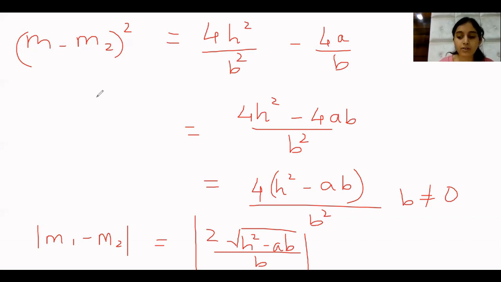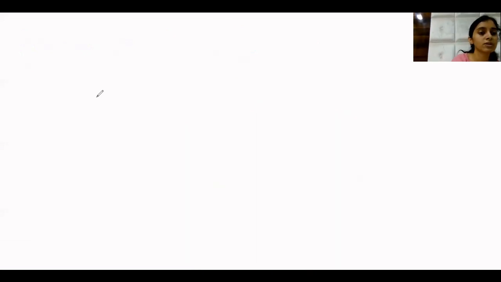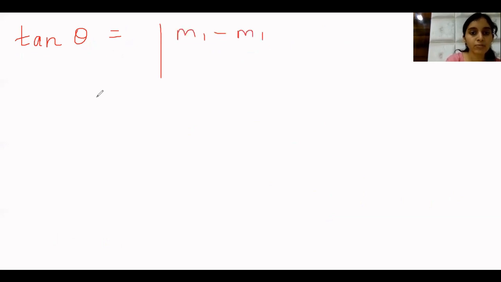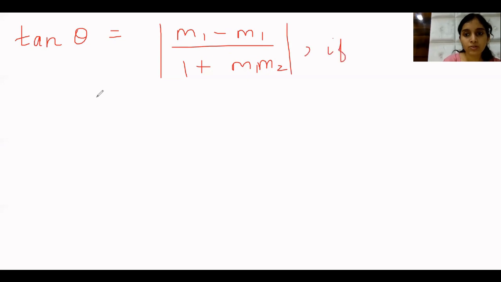Now, why did we find out m1 minus m2? Because the question says to find the angle between the two lines, tan theta. So we know the formula for tan theta as m1 minus m2 upon 1 plus m1 m2, if m1 into m2 is not equal to minus 1, that is, the denominator should not be equal to 0.